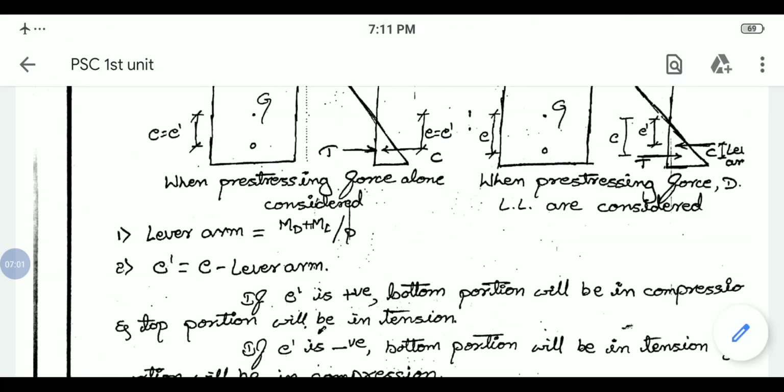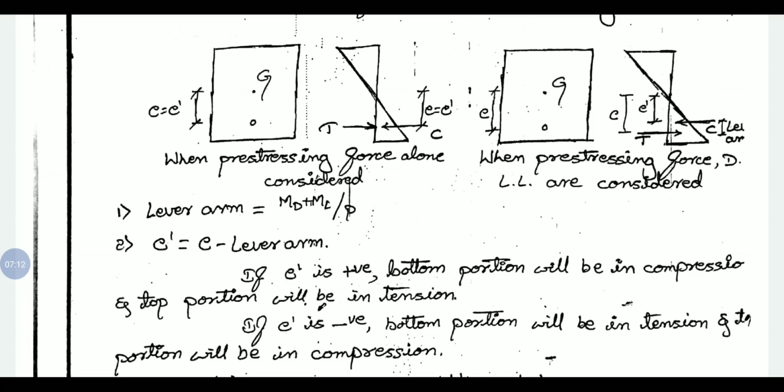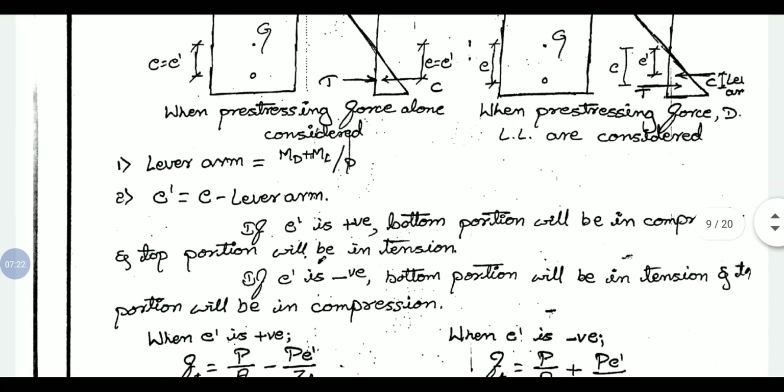The lever arm, the distance between the tensile force at the position of the tendon and the compressive force, is calculated using the formula (Md plus Ml) by P. Md and Ml are the moments of dead load and live load, and P is the prestressing force.